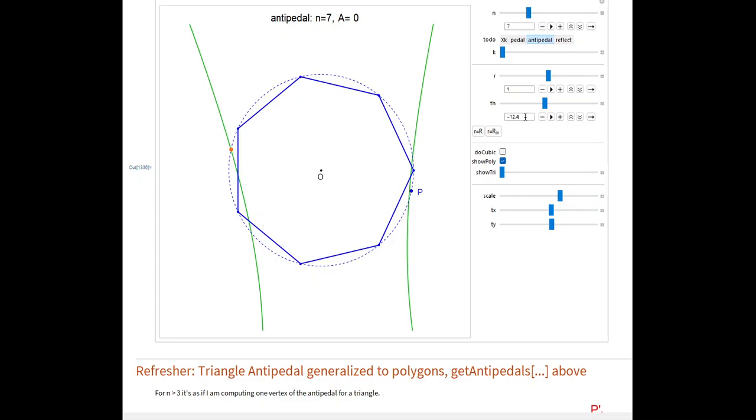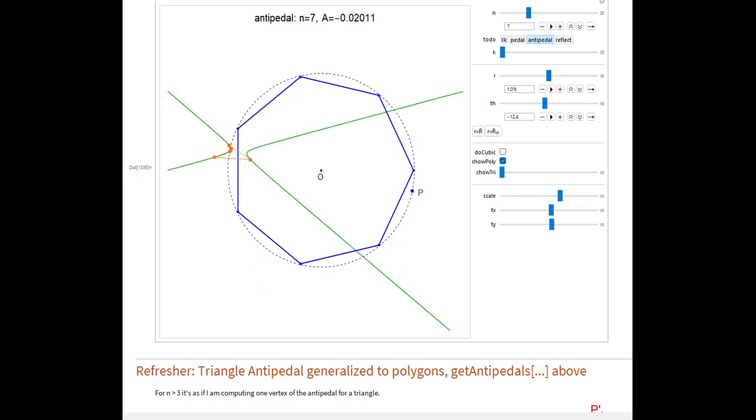So I have 1, let's make it 1.01. Yeah, so you can see here that this is correct. If P is on the circumcircle of a regular n-gon, all my antipedal points, vertices of my antipedal polygon, congregate at the antipode of P.